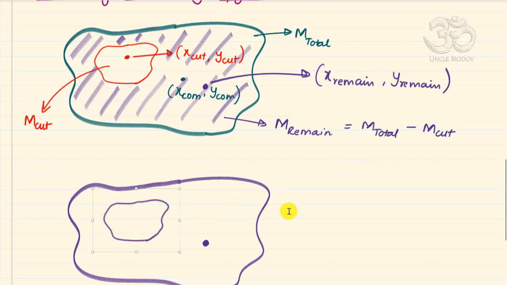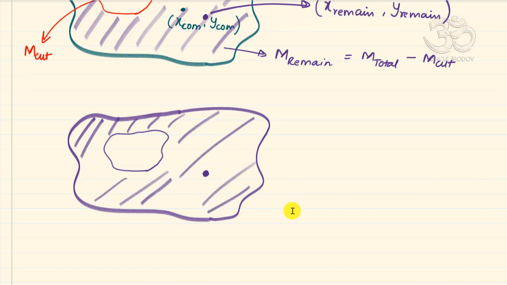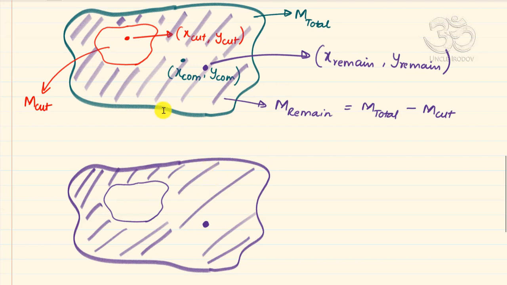Let me also color it the same. So one of the portions is this remaining portion whose center of mass is known, whose mass is m remaining. So I can replace this entire portion by a small mass placed at this particular location. And the second part is this portion which was in fact cut from here, and that cut portion's center of mass is that red point here.